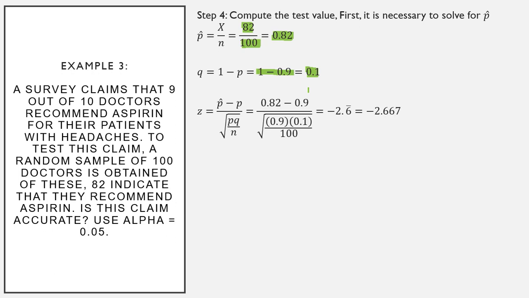Substitute doon sa formula po natin, 0.82 minus 0.9 divided by the square root of 0.9 multiplied by 0.1 divided by the sample size, the answer should be negative 2.6666666. Kaya po merong parang line dun sa taas, it means continuous lang po yung number 6. Siyempre, traditional, we need to convert it or parang round off into 3 decimal places. So the answer should be negative 2.667.